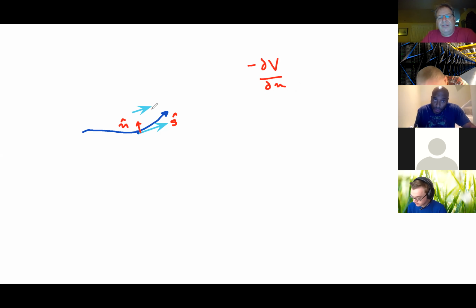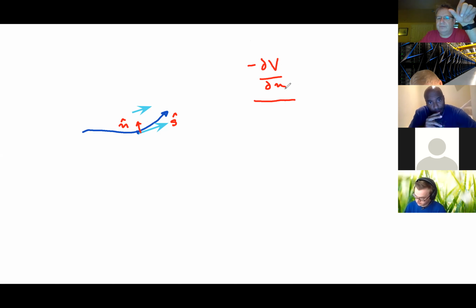Do you agree that that shear will cause what? Why is there a negative sign in here? First of all, what is the velocity doing? How does the velocity change as I travel in the n direction in this picture?